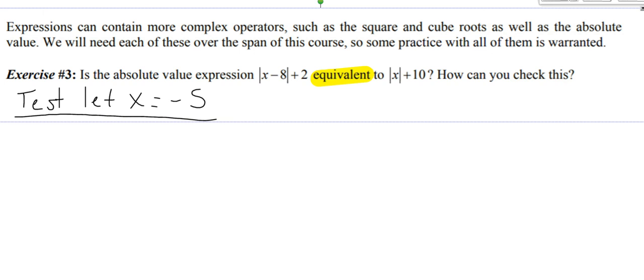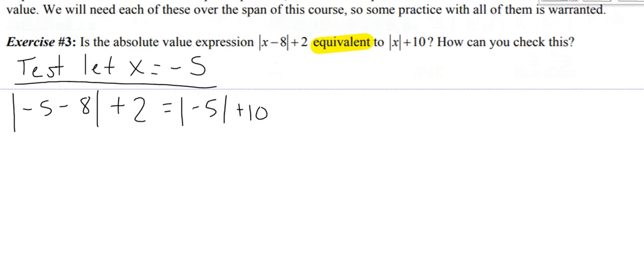If I plug in the value, remember the absolute value of -5 minus 8 plus 2, and set that equal to the absolute value of -5 plus 10, let's see if these values will equal each other. So -5 minus 8 gives me the absolute value of -13 plus 2 equals the absolute value of -5 plus 10.